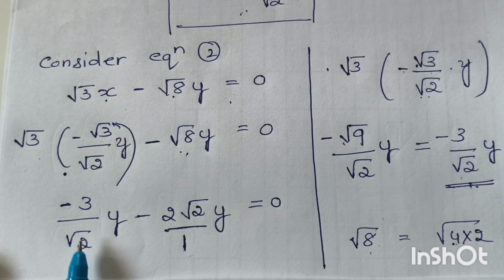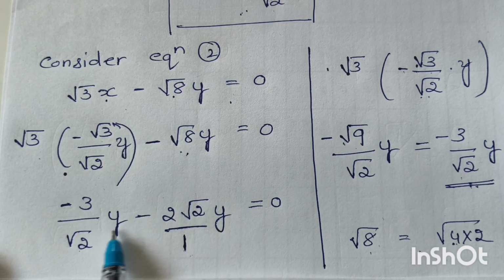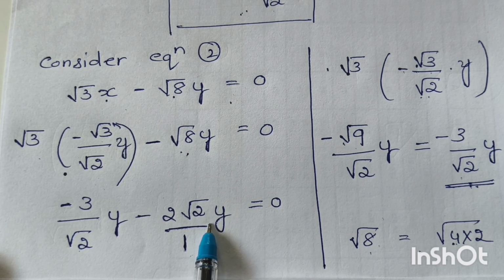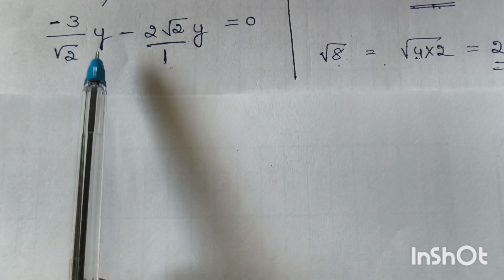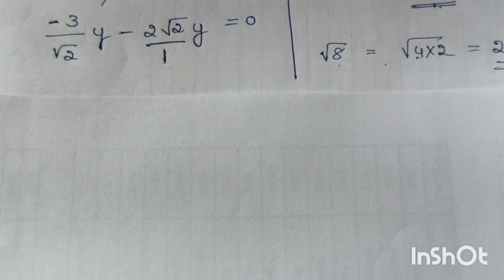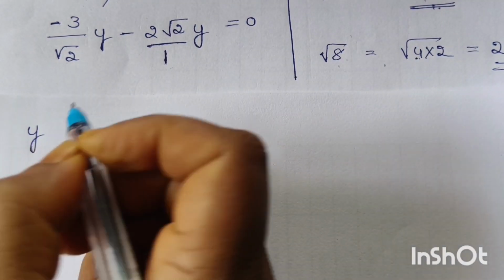Now, look at these two terms. In these two, y is common. Therefore, we can take y outside. Y is common in both the terms.